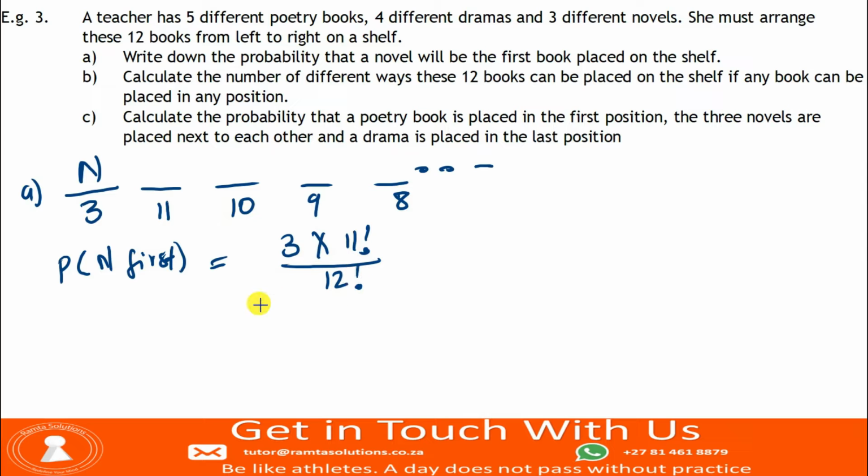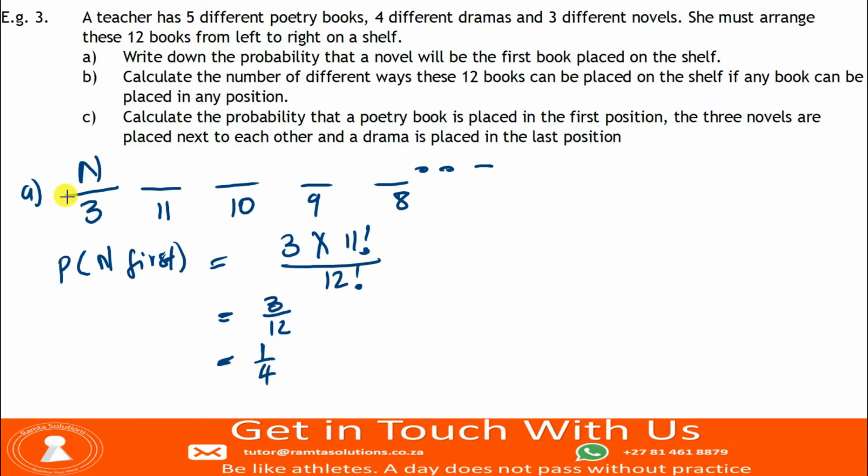So this is basically equal to 3 over 12. Your calculator will return 1 over 4.